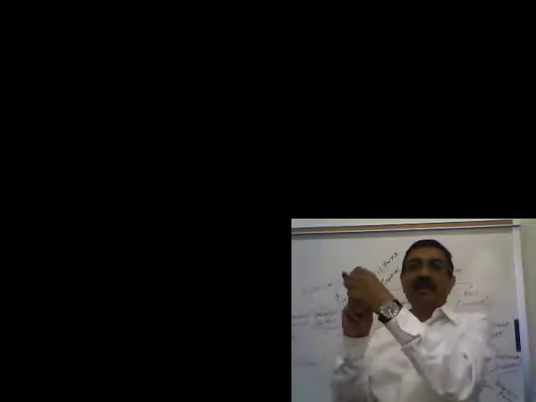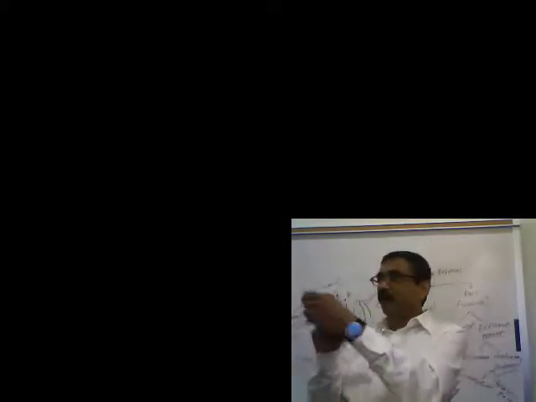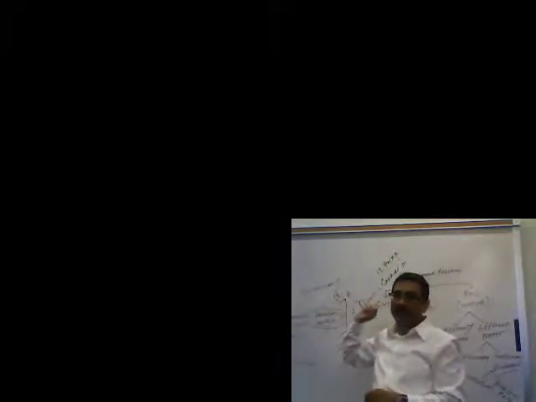Sensory takes the signal to the brain. Motor, the command, goes out. Now, motor could be how many types? Voluntary and involuntary, or voluntary and autonomic. Autonomic is divided into sympathetic and parasympathetic.